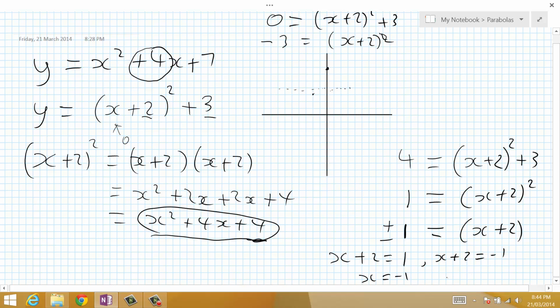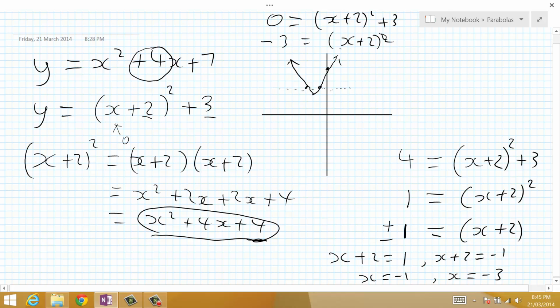So that means at negative 1 I know it's going to be on that line, and at negative 3 I know it's going to be on that line. So sketching the parabola, I know it's going to come down through there, curve up, and go like that. Not a very good curve, because I can't draw very well, but you can get the general idea.